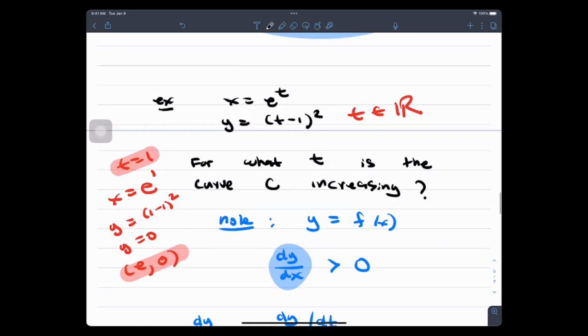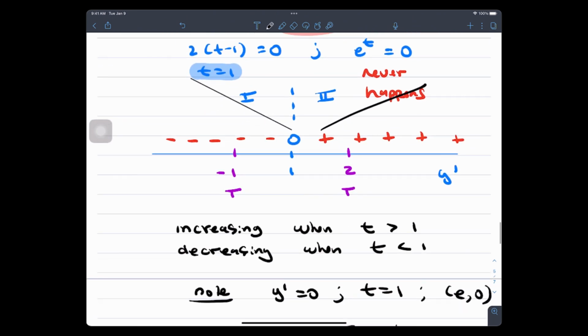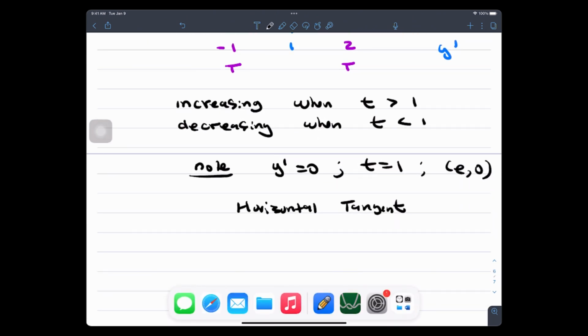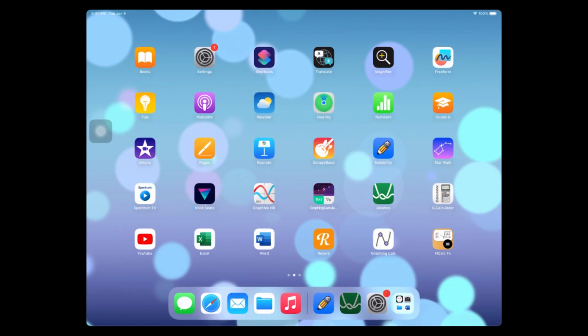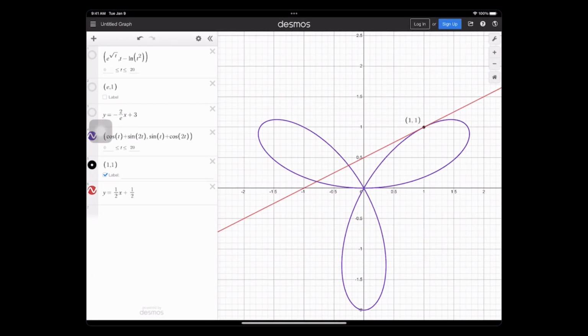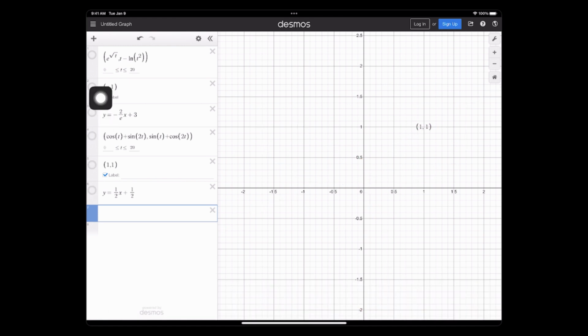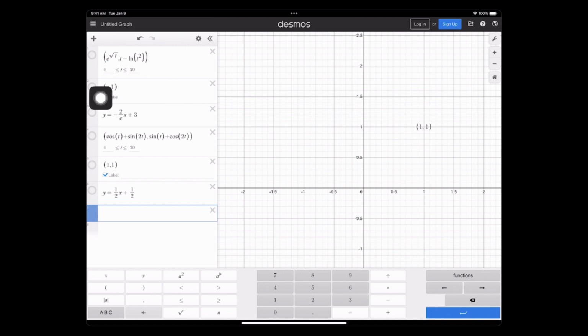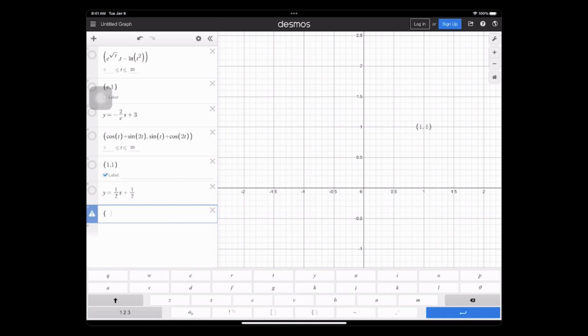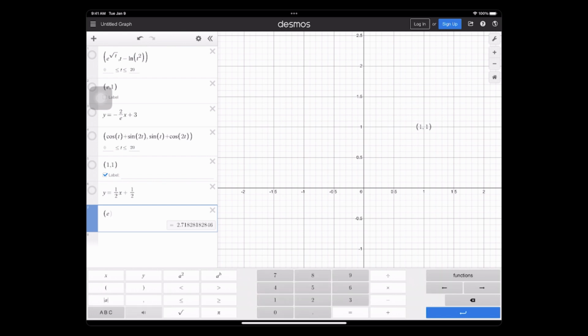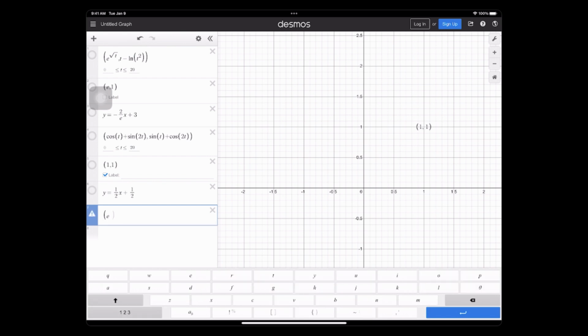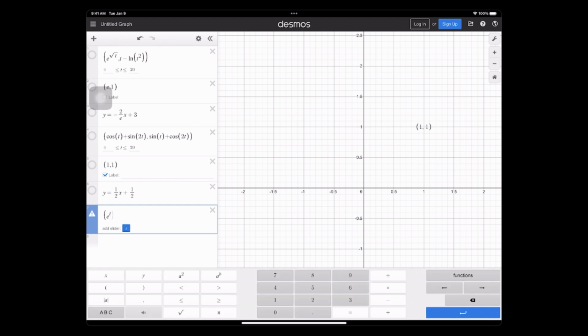So what is our curve? E to the t and then t minus 1 squared. Okay. Let's look at Desmos. And what was the other one?